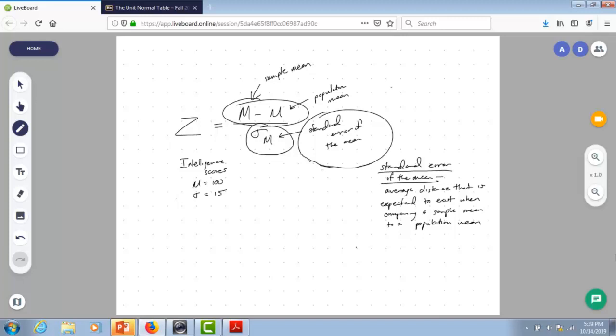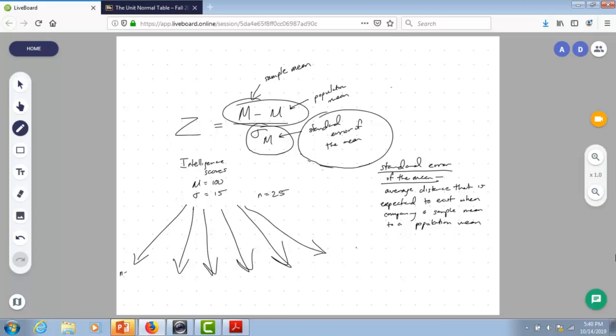Now, if we were to select a sample size of, let's say, 25 individuals and repeatedly pull 25 individuals from the larger population, so n equals 25 here, n equals 25 here. You get my drift.